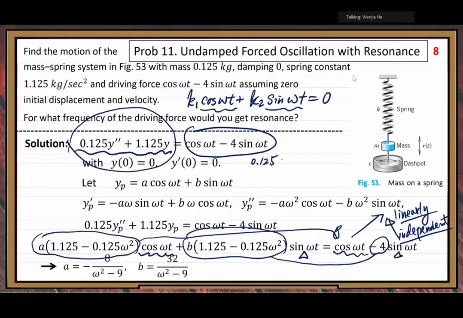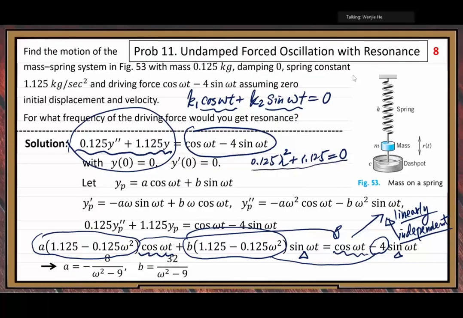Let's look at the characteristic equation: 0.125 lambda squared plus 1.125 equals 0.